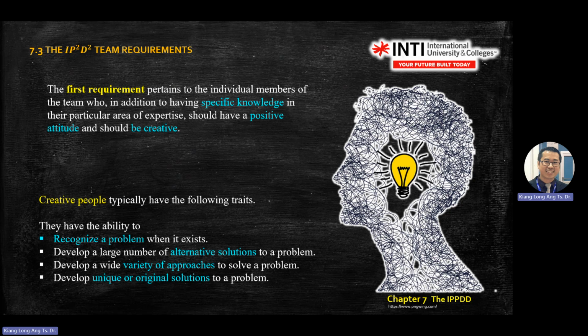So like your FYP, actually we try to train you to become creative. You should be able to recognize a problem in your final year project. Then you should come up with alternative solutions, then you find the most unique solution in your case.